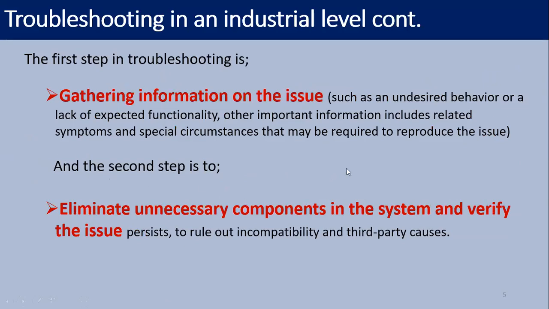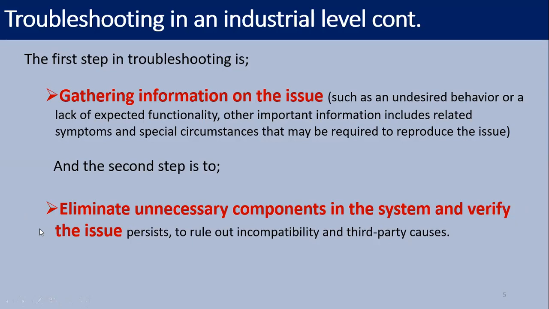First, we need to gather information, as we discussed in other new product development procedures as well. Information is very critical and very important, and also how to collect up-to-date and correct, trustworthy information. Then the second step is to eliminate unnecessary components in the system and verify the issue.